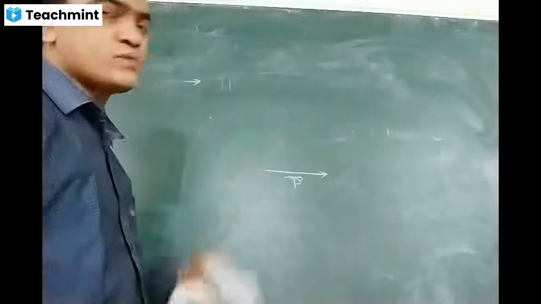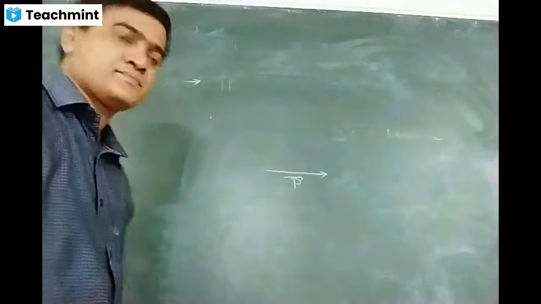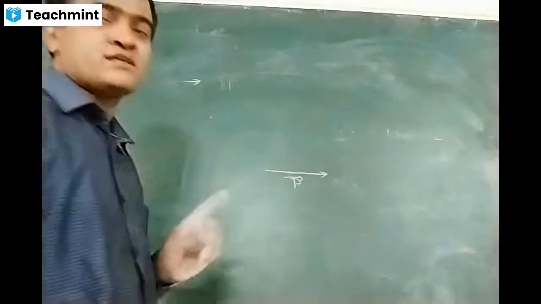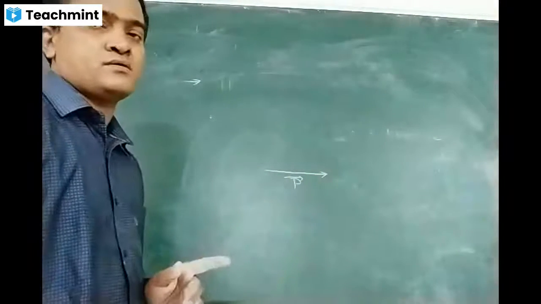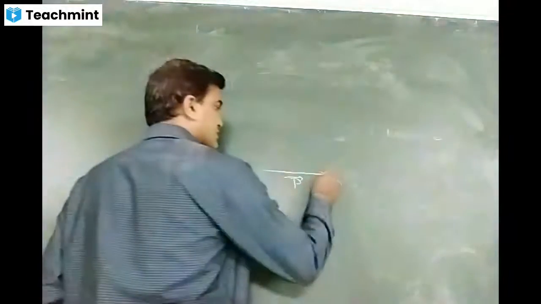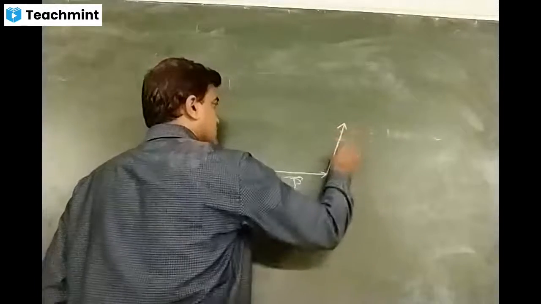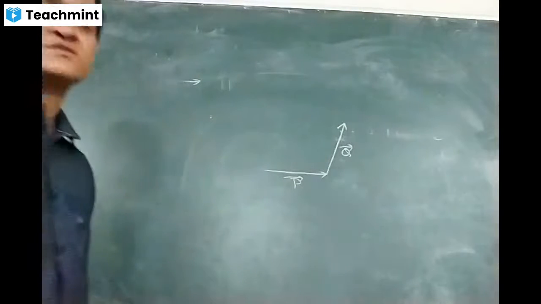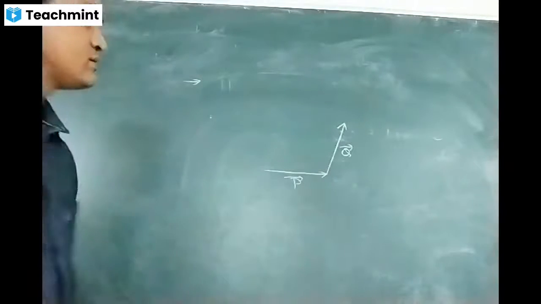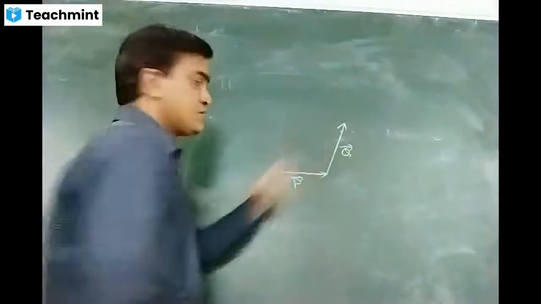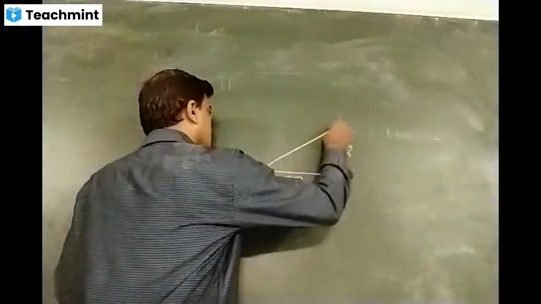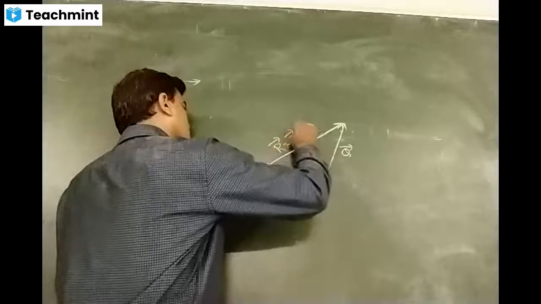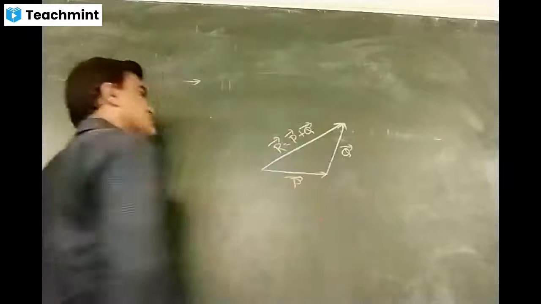How to add Q bar? Q bar is the second vector that is to be added to the first vector P bar. Place the tail of the second vector Q bar at the head of the first. Now how to draw the resultant? From the tail of the first vector to the head of the second vector. So this gives the resultant R bar is equal to P bar plus Q bar.